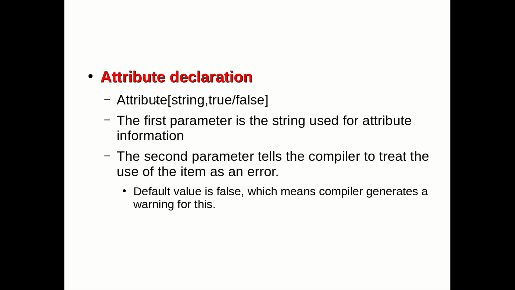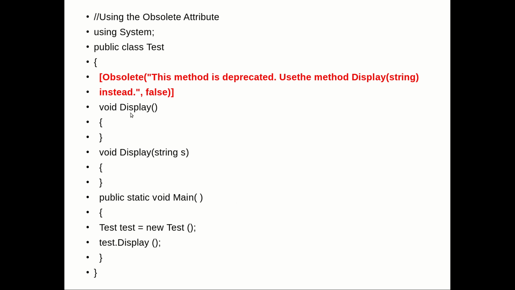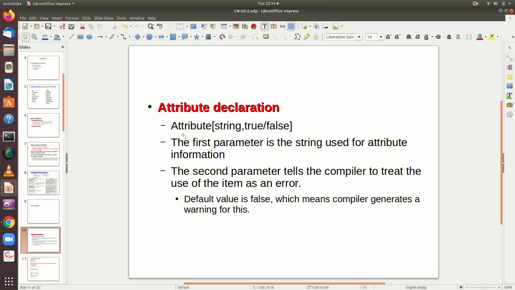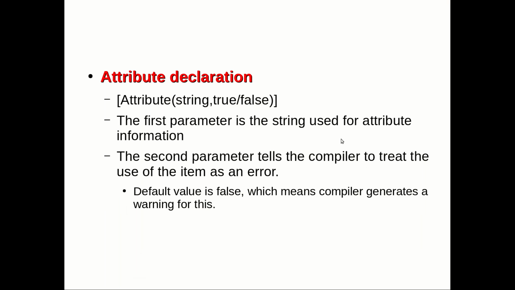Any attribute declaration will have the attribute name, and the parameters will be specified within the parenthesis. This is how you declare an attribute.